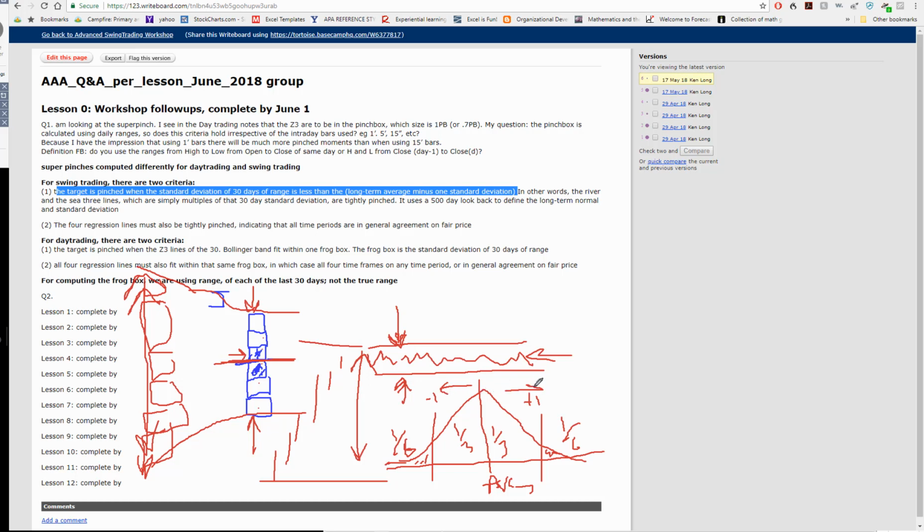So that means 2/3 of the time, we're calling that a normal width of this, and we're talking about the width of these little standard deviation boxes now.